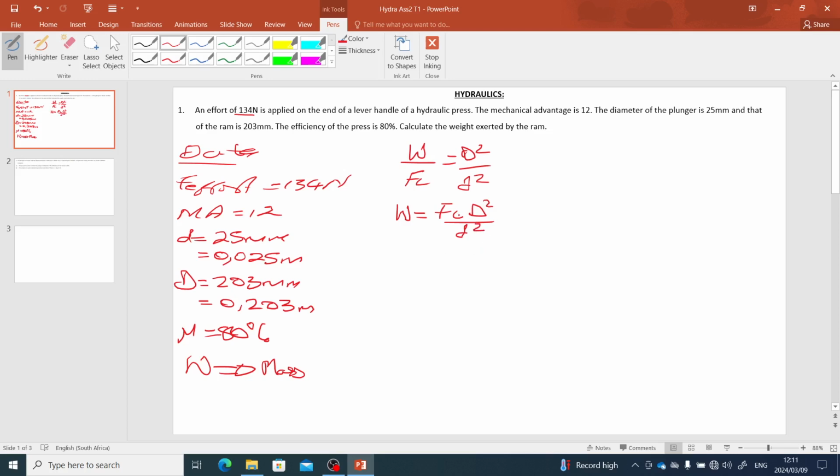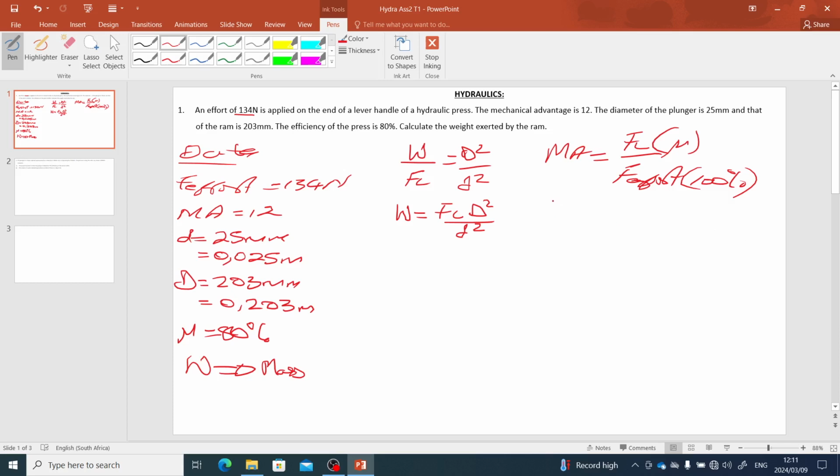But unfortunately, we don't have the FL. We then have to use the mechanical advantage formula in calculating the FL. MA equals FL over F effort. Don't forget that the F load is affected by efficiency, while the F effort is always assumed to be at 100%.